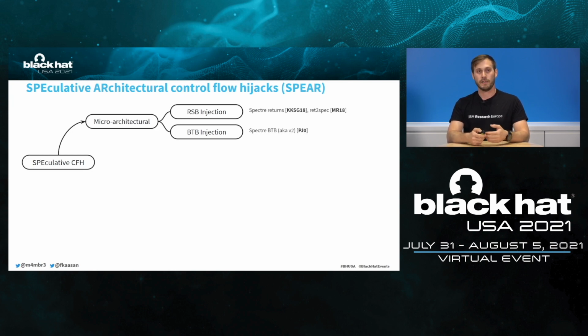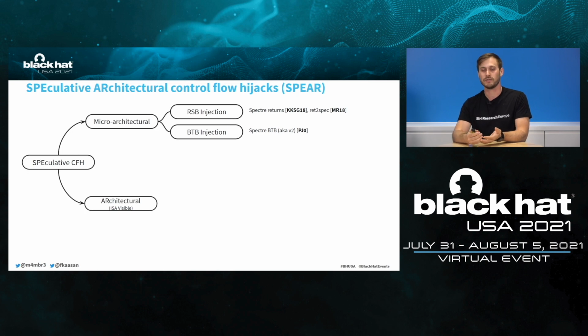And these works have proven that this type of attack actually works. We can poison this internal structure of the CPU and then have a victim use those poisoned values and basically redirect the victim wherever we want in a speculative control flow hijack manner. On the other side of the spectrum, we can achieve speculative control flow hijacks using architectural components such as registers and memory locations.